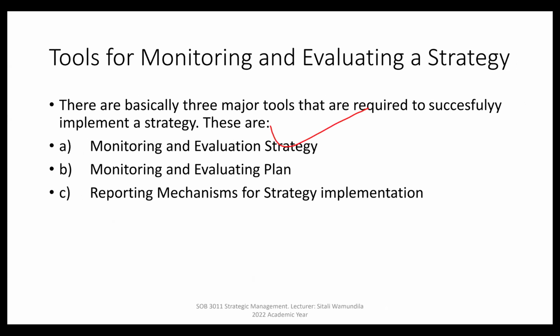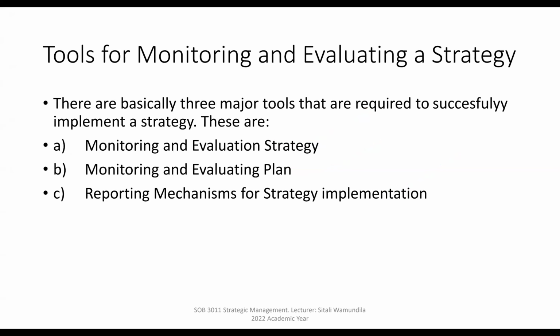You should be able to come up with a monitoring and evaluation plan and come up with the reporting mechanism for strategy implementation. It is very important that you come up with the reporting mechanism for strategy implementation. That really does help. You need that.